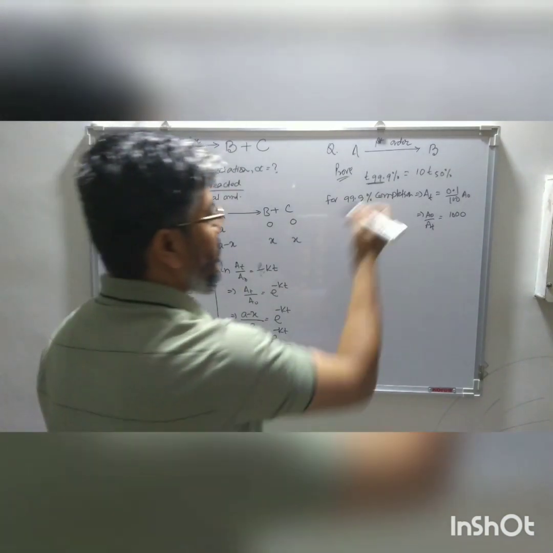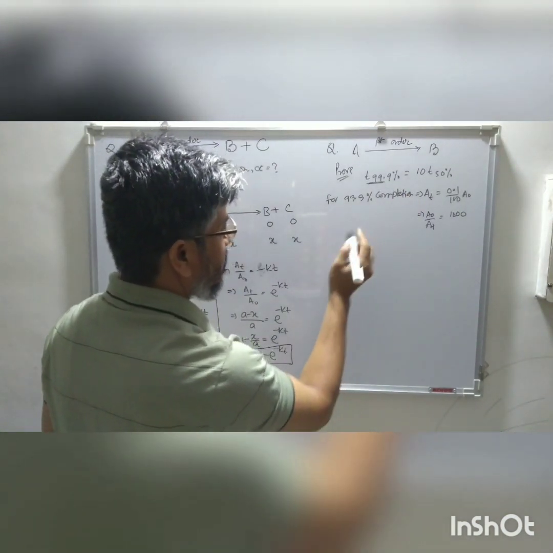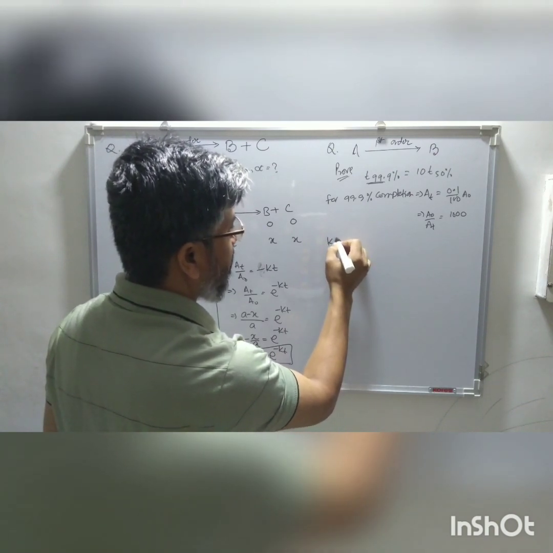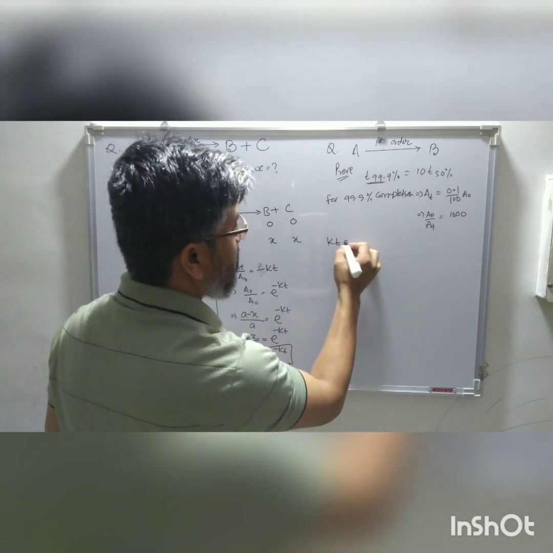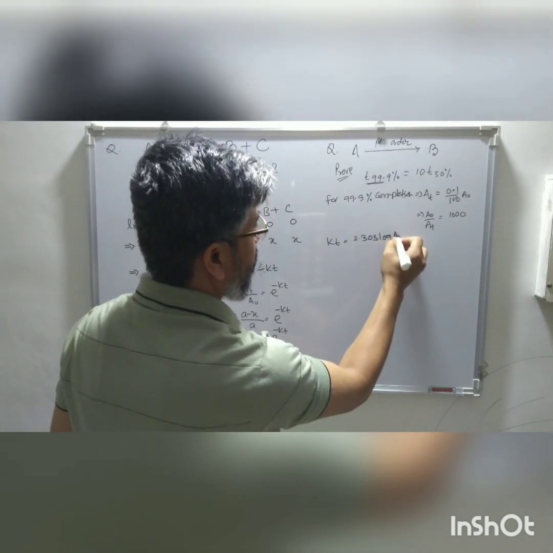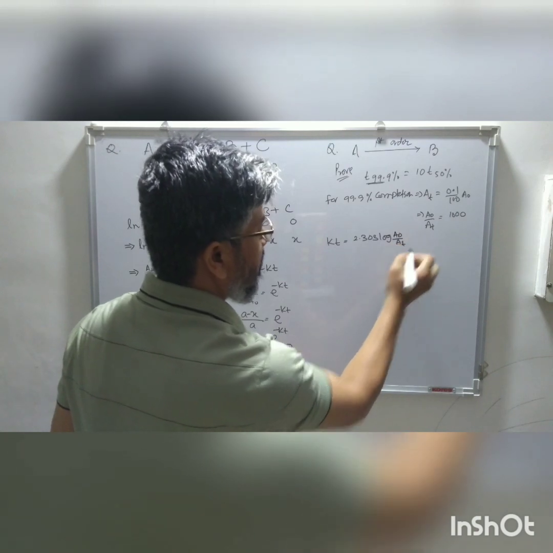Now using the first order kinetics rate equation, we have kt is equal to 2.303 log A naught by A.